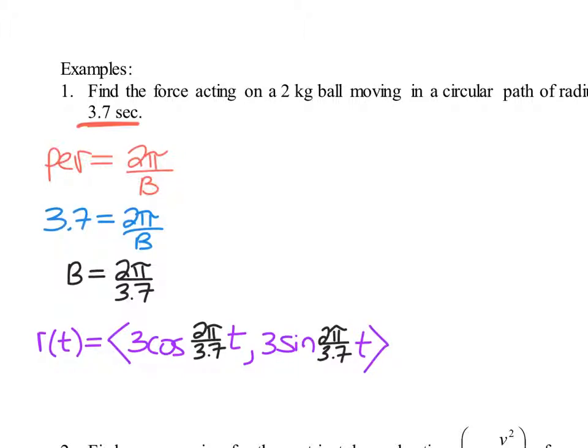All right, for all the previous problems, we were just assuming that the period was 2 pi. All right, so that would make the b value equal to 1. So that's why it was always, for our purposes, cosine of t, sine of t. But it could just as easily have been cosine of 10t, sine of 10t, and so on.